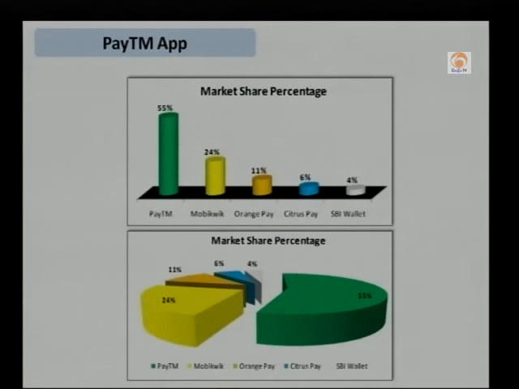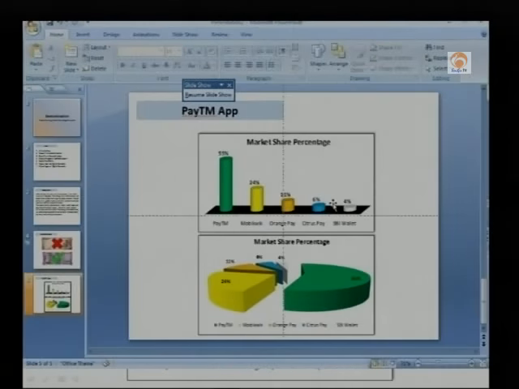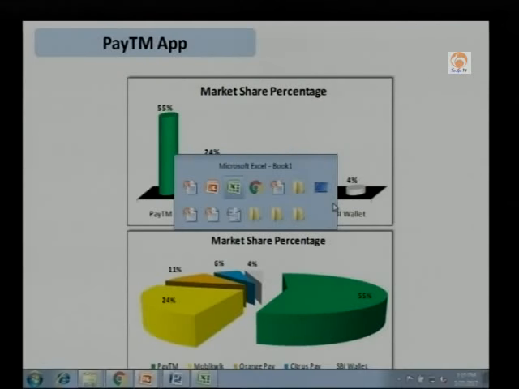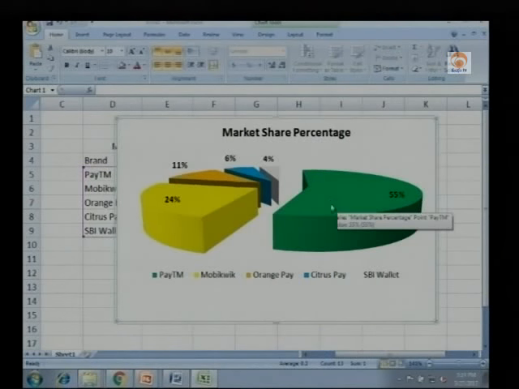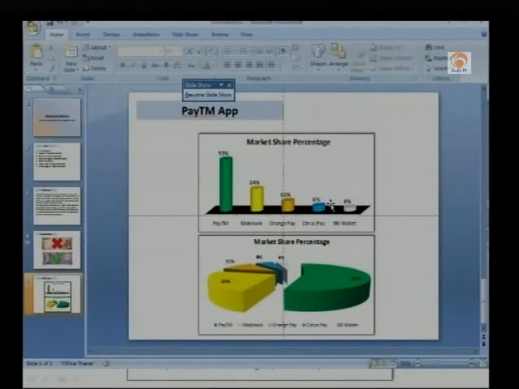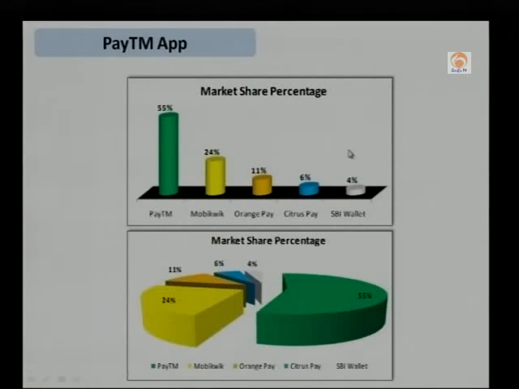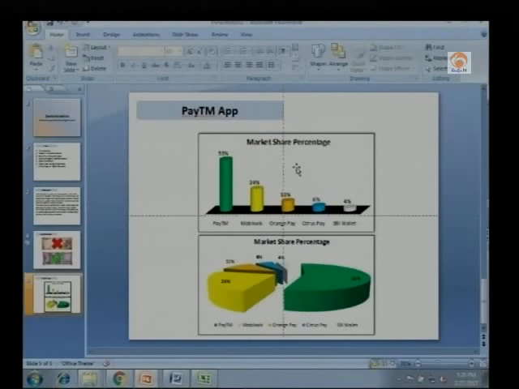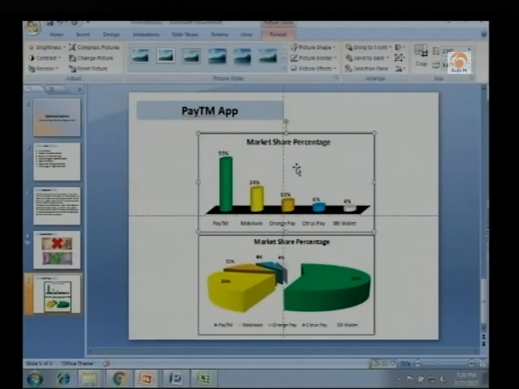That's about it. So I'm basically using a particular graph which I made on Excel, and I'm using that on a PowerPoint. Now if I double click also, nothing will happen because it's an image. It will not show the source data.